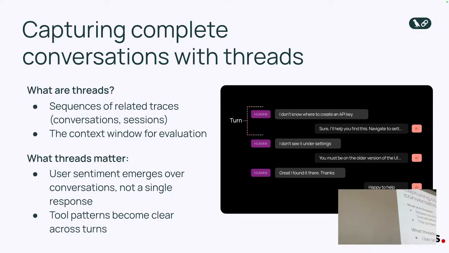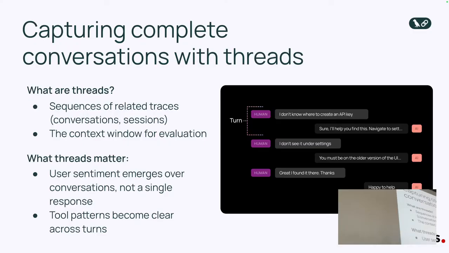When we have threads, we can see the whole chat, not only the first message. One message can be correct, but when we check all the threads, so the whole conversation, it can be wrong. That's the way we can check and evaluate it.